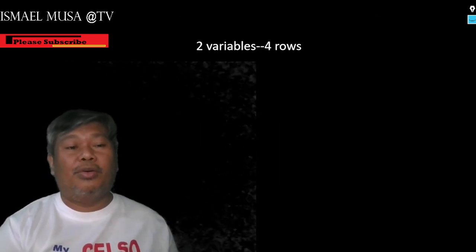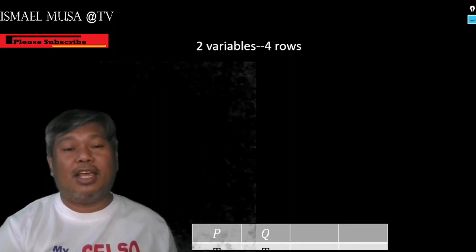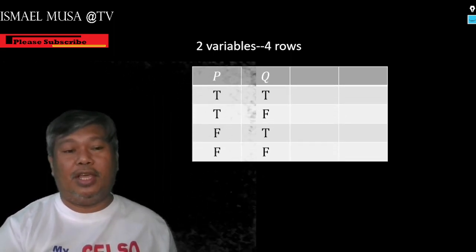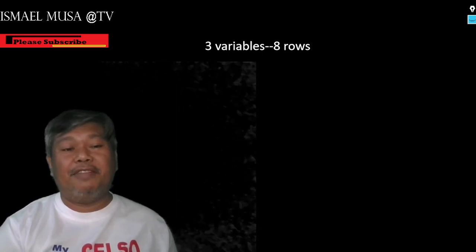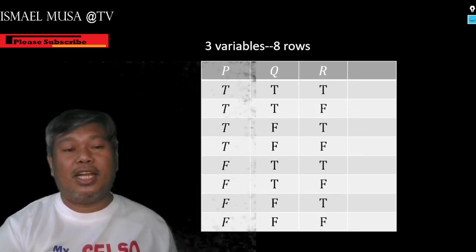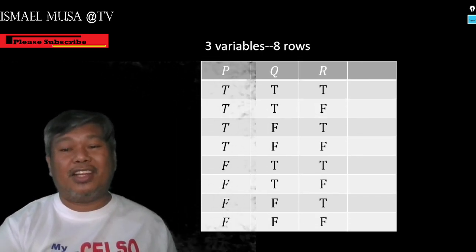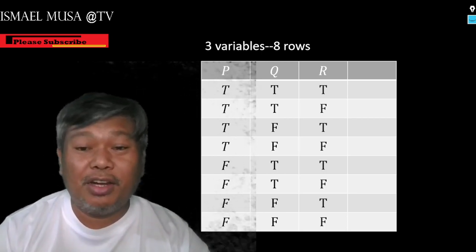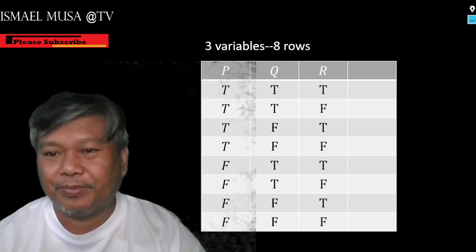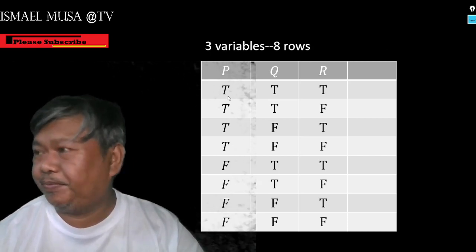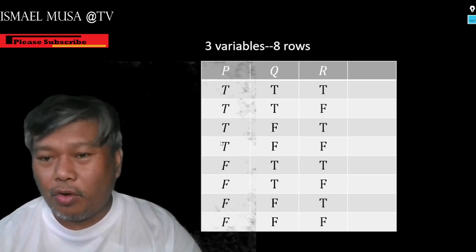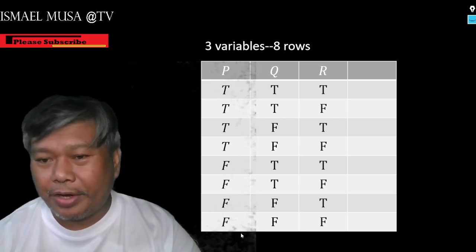So for two variables, we shall have four rows. For three variables, we shall have eight rows. And try to see the possible combinations. So we have there 4 true, 4 false.